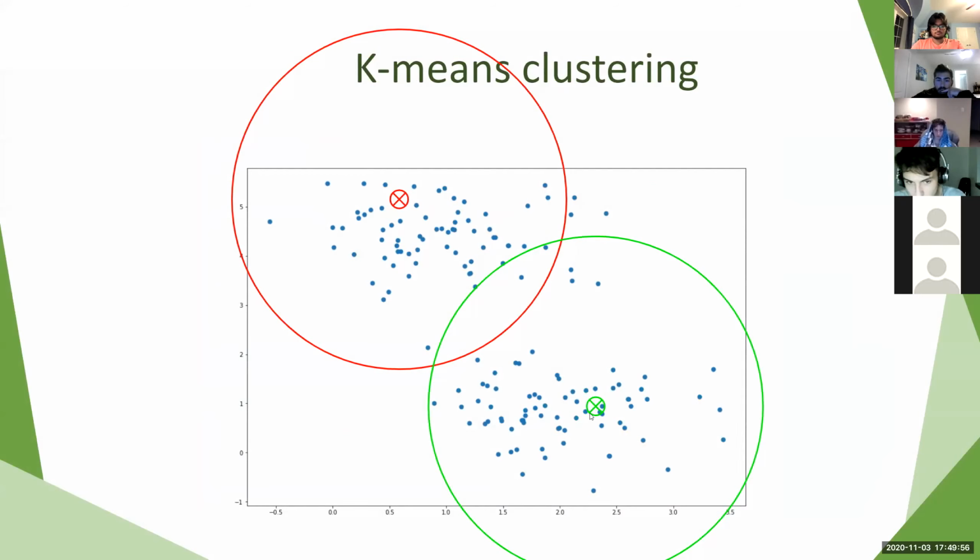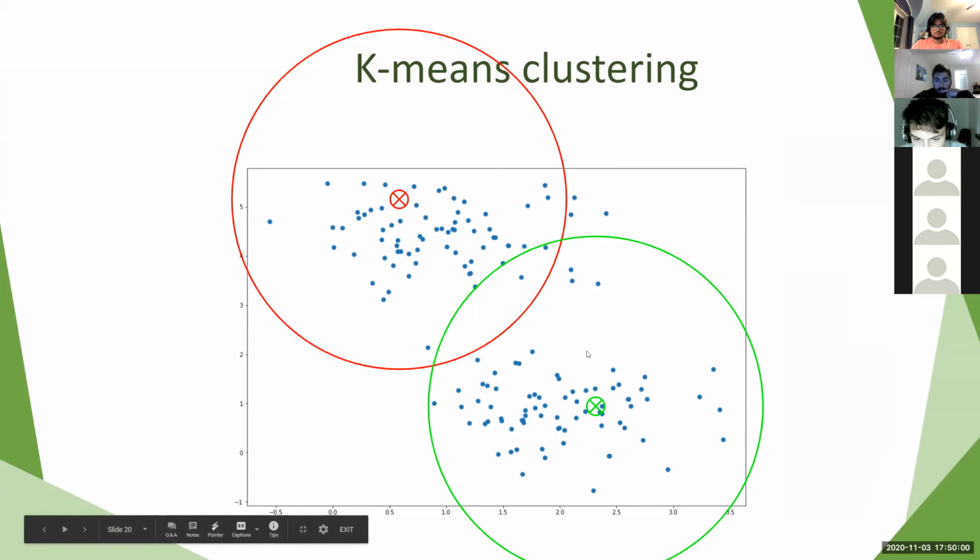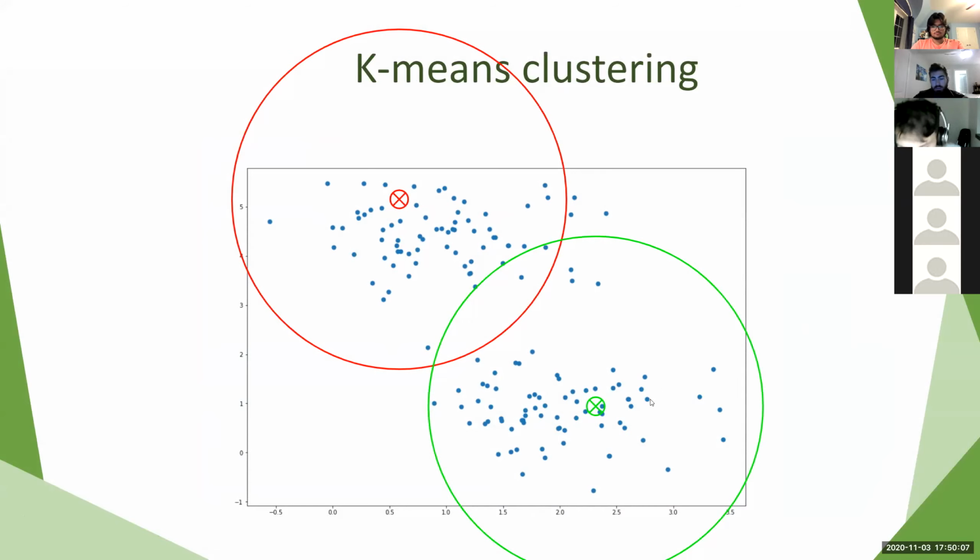We go outward from that point, trying to classify all of the data points around it to either green or red. And eventually, once we do this enough times, the centroid will stop moving, and we will end up with two distinct clusters.